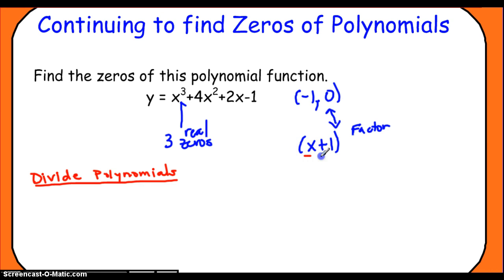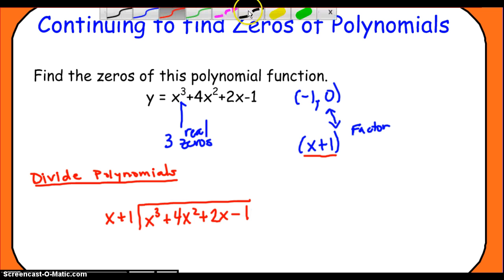So this is a factor that we know. So we start off that way. We start off with our factor x plus 1. We got x plus 1 because that's what you solved to get -1. And you are going to divide your polynomial by x plus 1. So how do you do that?